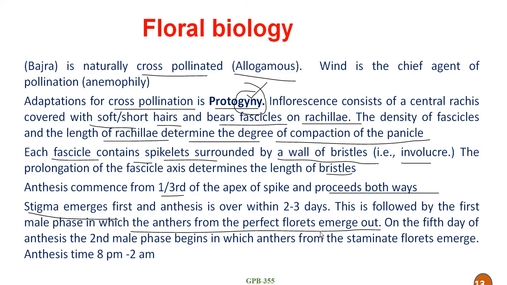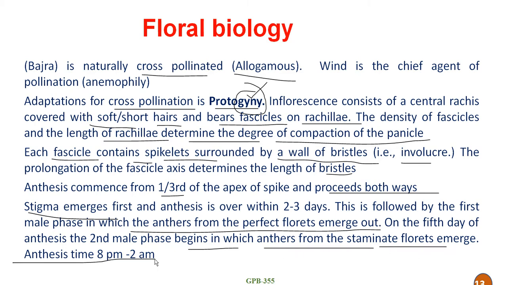So there are two florets present in the spikelet of the bajra, and the stigma matures and emerges first, and then come the phases of the anthesis. Anthesis always happens in different phases. In the first phase the anthers from the perfect flower emerge out, and on the 5th day of the anthesis the second male phase begins, in which anthers from the staminate flower emerge.